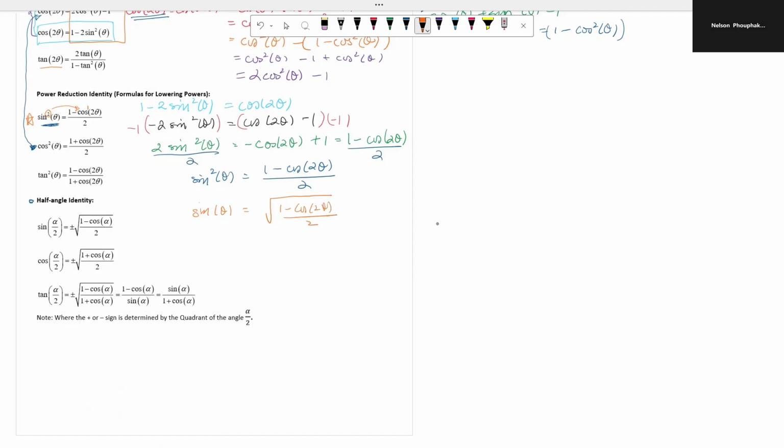But remember, if we take the square root, we will always have plus or minus. Now, if I let theta equal alpha over 2, then sine of alpha over 2 is equal to plus or minus the square root of 1 minus cosine of 2 times alpha over 2, all over 2.